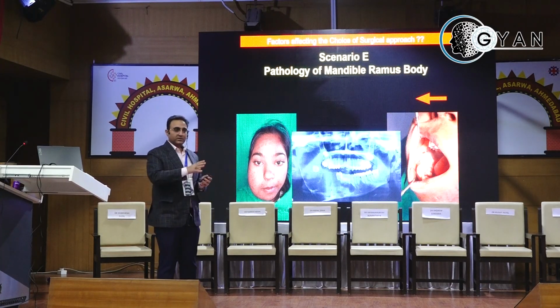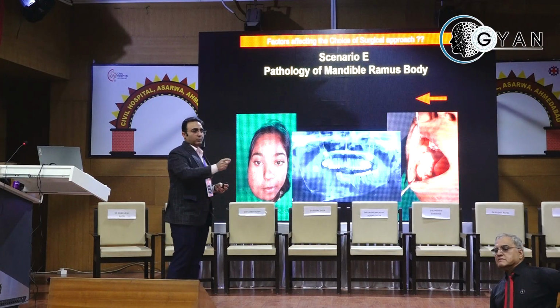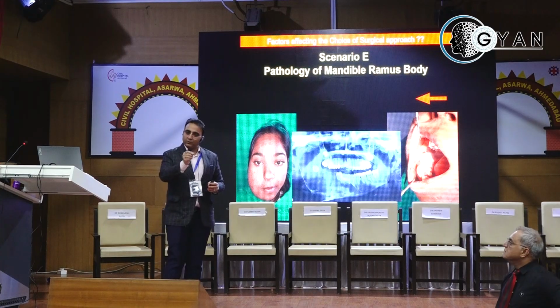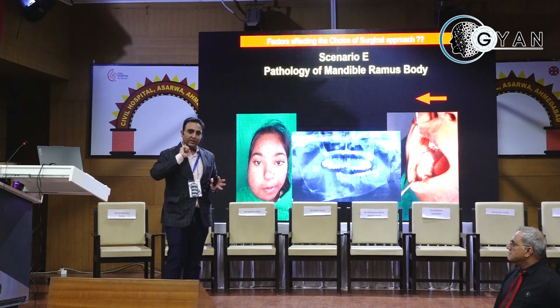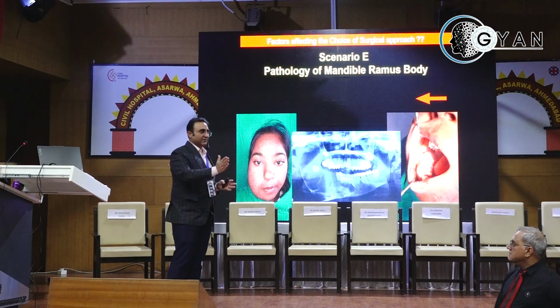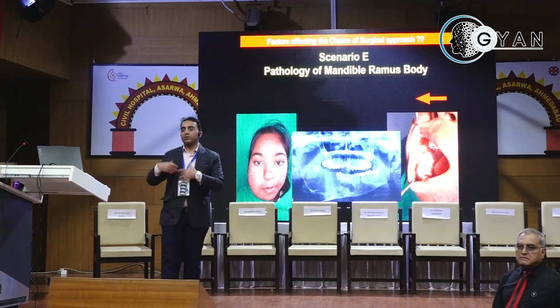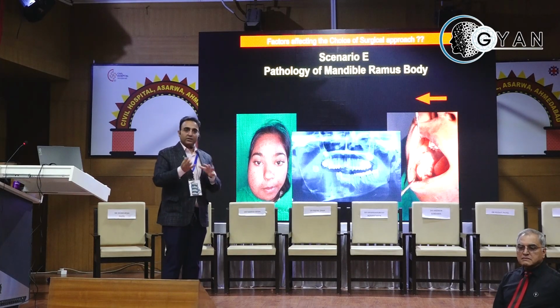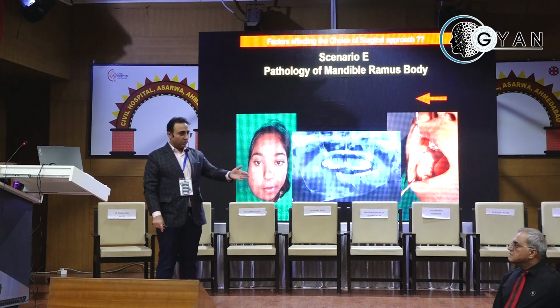It's not always about going by the book. We have learned that only a 2 cm incision, 5 mm away from the attached gingiva. But if you see a patient like this, you have to combine your incisions, intraoral and extraoral both.